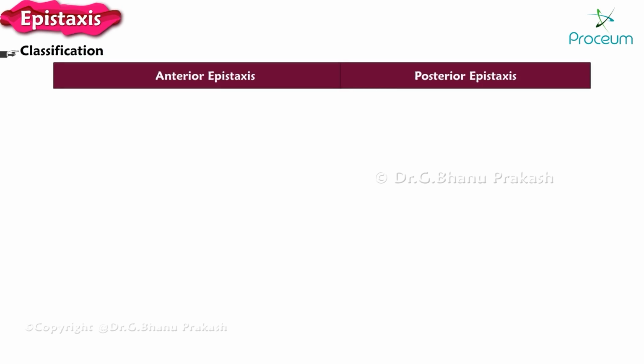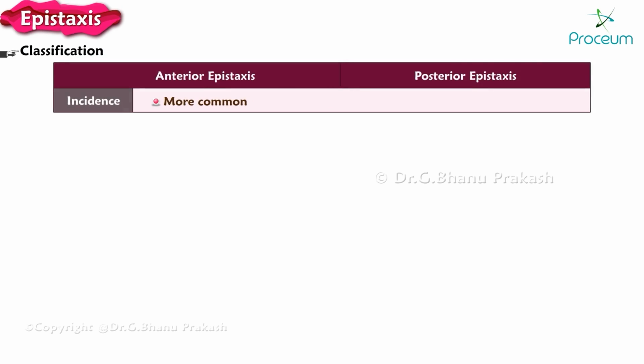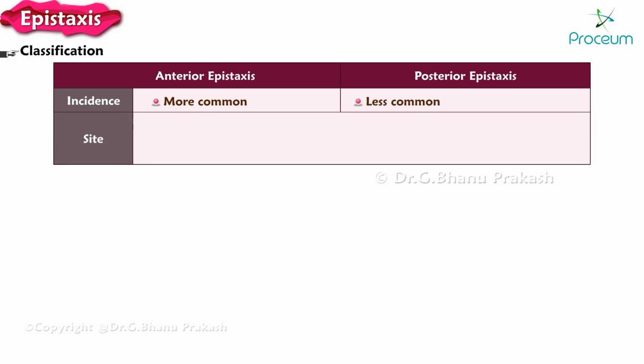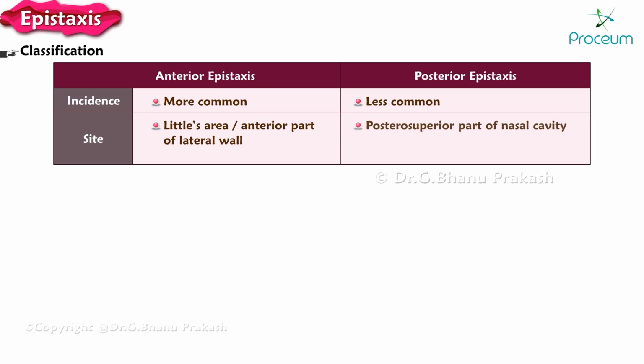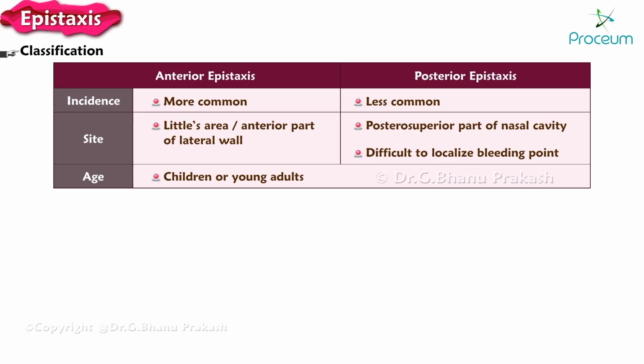In anterior epistaxis, incidence is more common, whereas in posterior epistaxis, incidence is less common. Anterior epistaxis occurs mostly from Little's area, or the anterior part of the lateral wall, whereas posterior epistaxis is mostly from the posterior superior part of the nasal cavity, often difficult to localize the bleeding point. Anterior epistaxis mostly occurs in children or young adults, whereas posterior epistaxis occurs after 40 years of age.